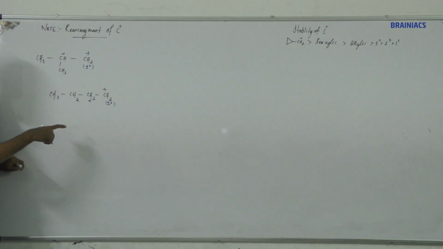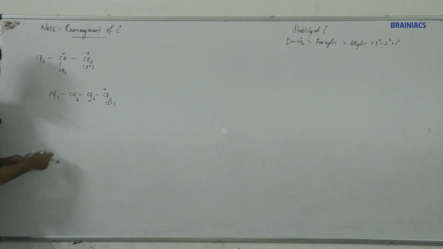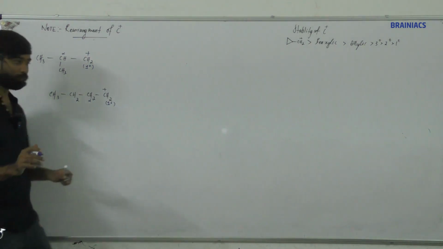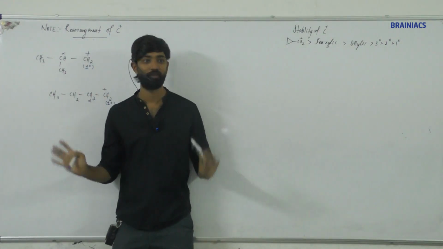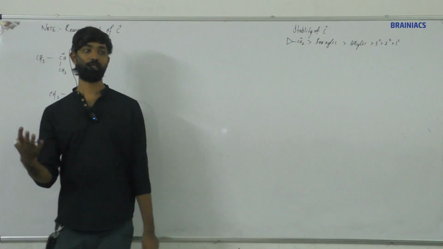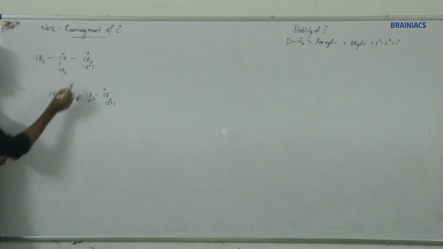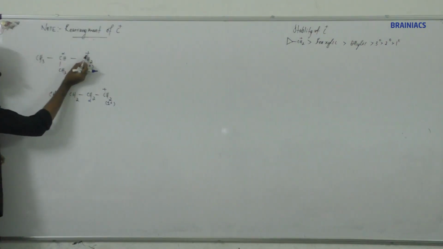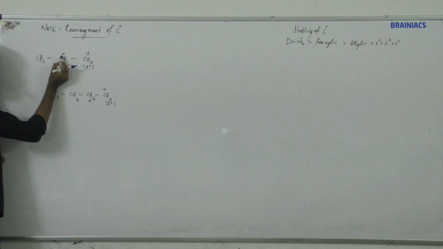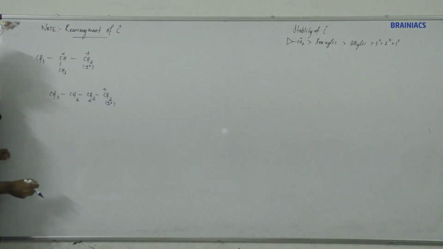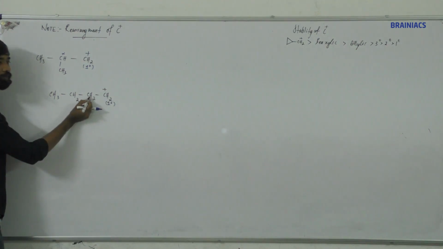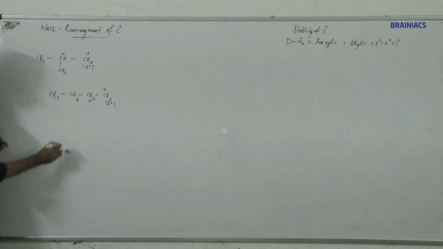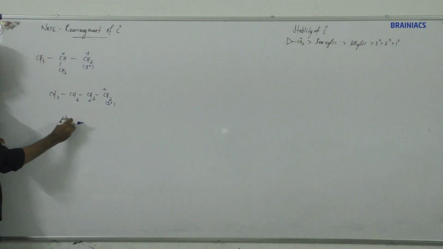So there will be a shift, there will be a rearrangement. First of all, you have to predict whether there is a rearrangement or not, then only how the rearrangement happens. Here also there is a rearrangement, because if this positive charge is on this alpha carbon, then the primary becomes secondary. Listen.